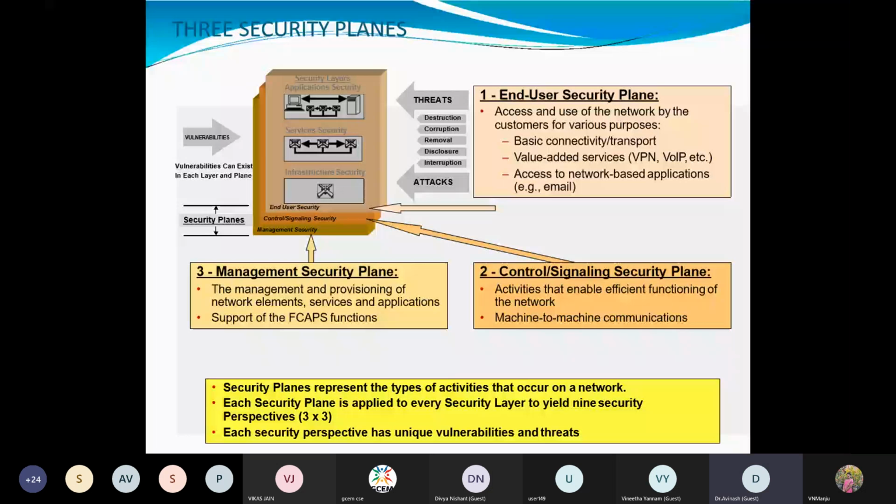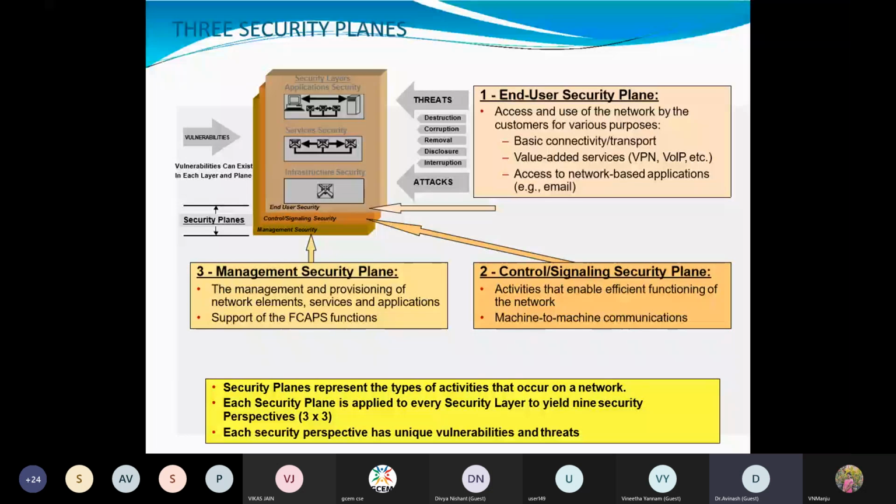Security planes represent the type of activities which occur on a particular network, and each security plane is applied to every security layer. So there are the security perspectives, and that is 9 security perspectives, that is 3 by 3. For example, these three security planes, the management security plane, the control signaling security plane, and the end user security plane, operate at the different security layers.